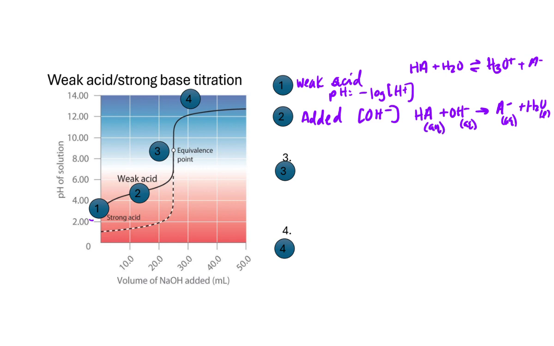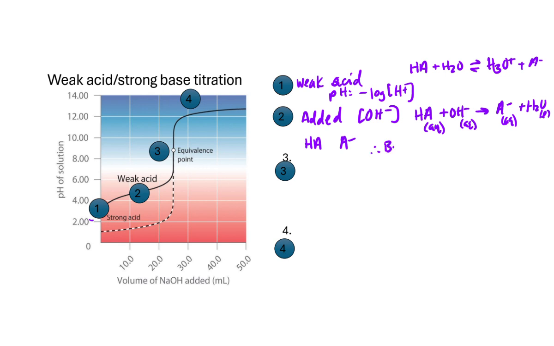What you can see is that in solution, we're going to have weak acid HA from our initial concentration of weak acid before any base has been added. We add some base, some of that HA reacts away and forms A-. So we have both weak acid and its conjugate base in solution.